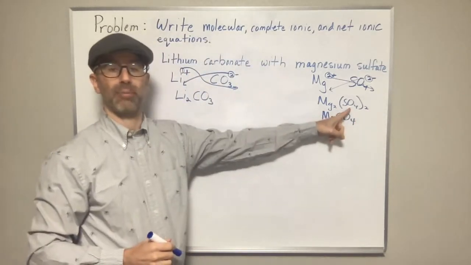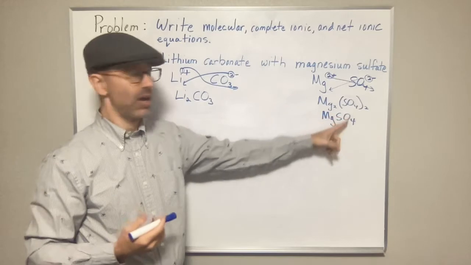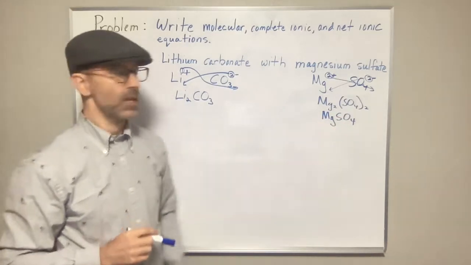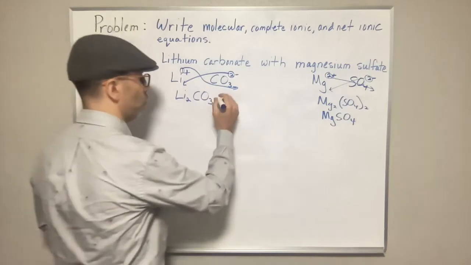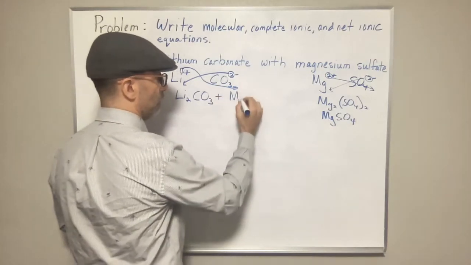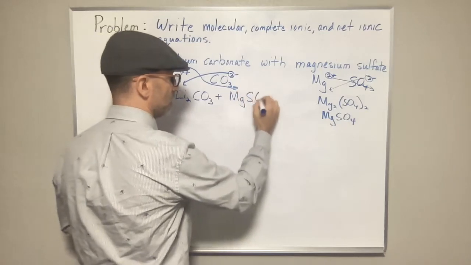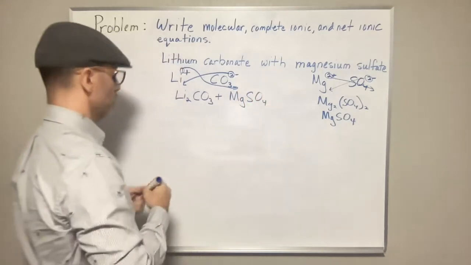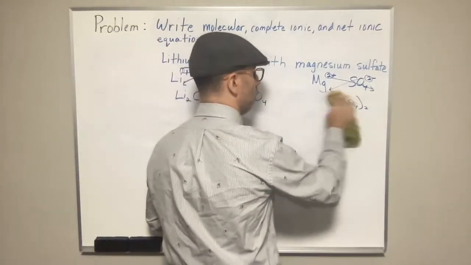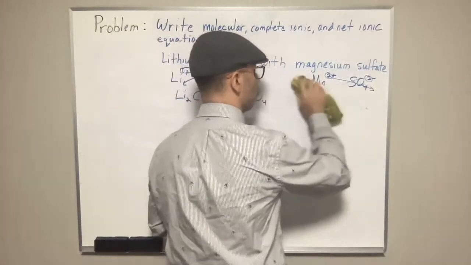Notice that I had parentheses because I had 2 there, but since I reduced it, I only have 1, so I don't need the parentheses anymore. So that is going to be our second reactant, MgSO4. I'm going to go ahead and erase this so we can get some room here.